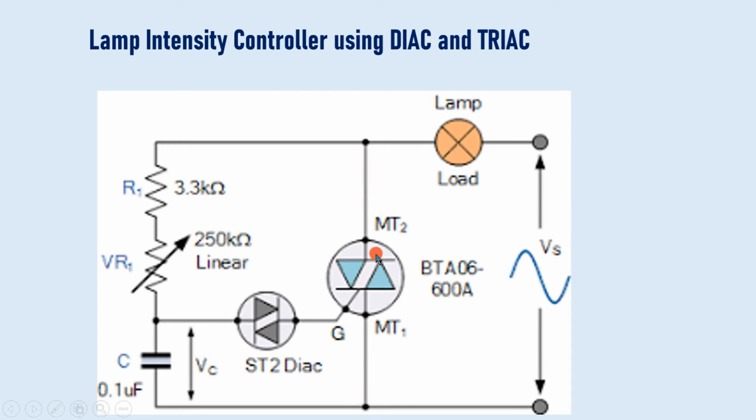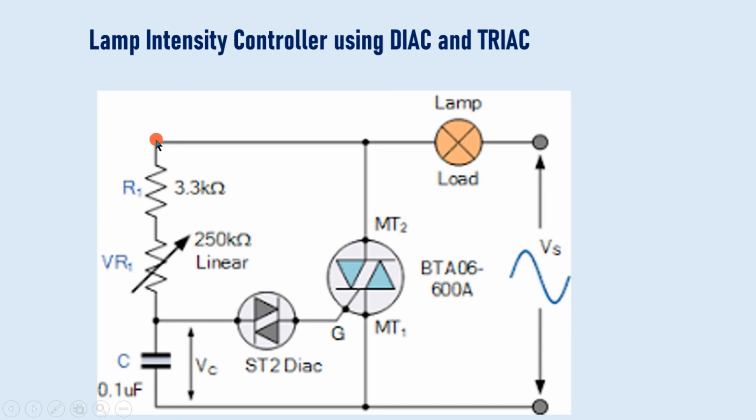It is a triac. This is the symbol of the triac: MT2, MT1, this gate, and this is the symbol of the diac. Suppose this is a diac of 30 volt. Now see, when the positive cycle occurs, this voltage increases, and from this point we have connected one resistor. Here we have a variable potentiometer and a capacitor. So the voltage at this point will begin to increase with the injection of the positive half cycle.